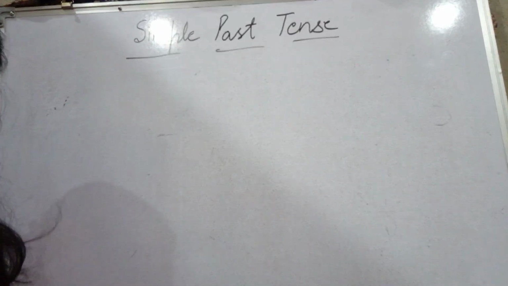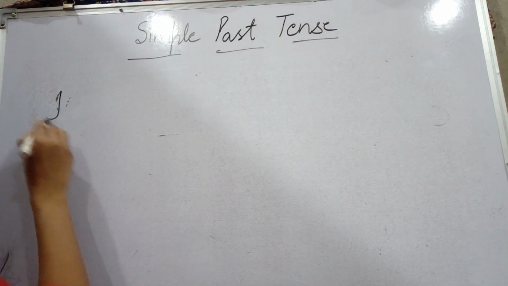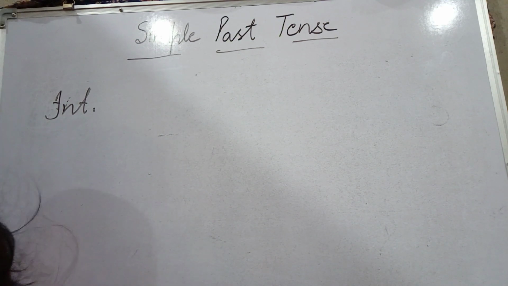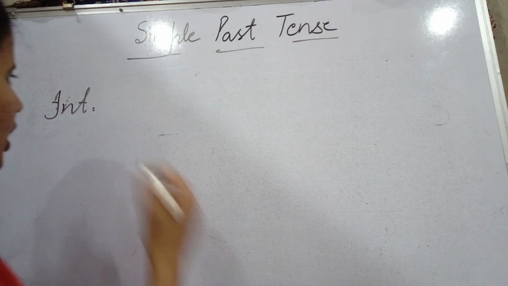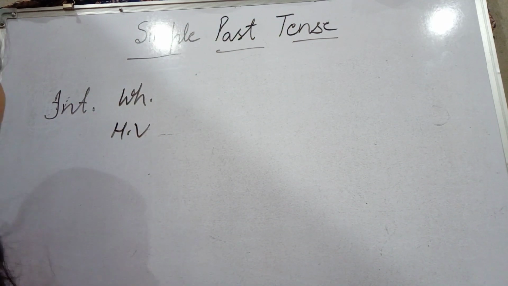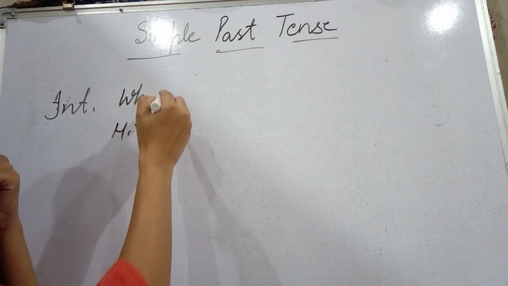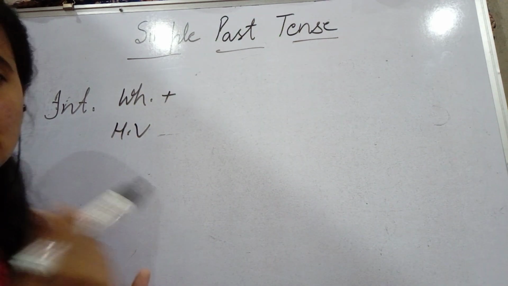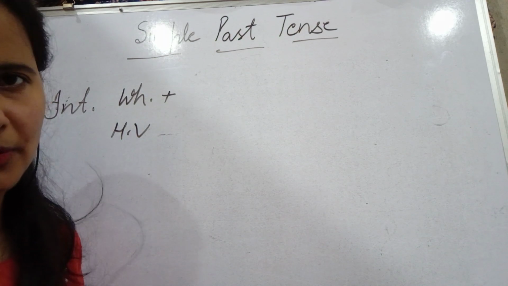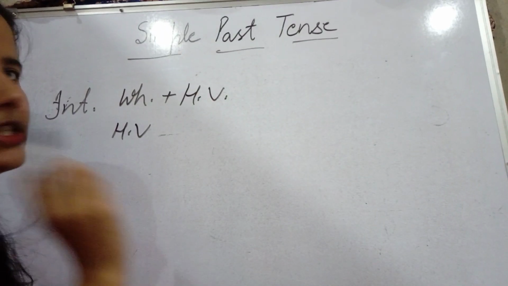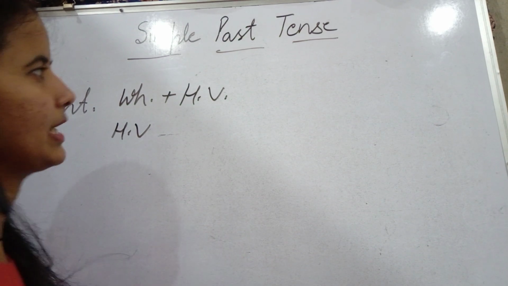So how will you form an interrogative sentence? You can begin either with a helping verb or with a WH word. Both startings will be correct here. So just to remember the structure of an interrogative sentence: just after the WH word, there should be a helping verb of the same tense.